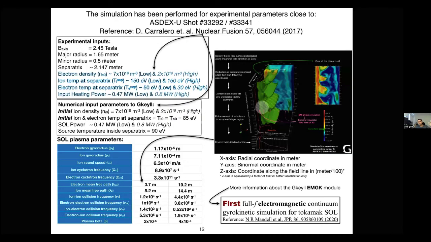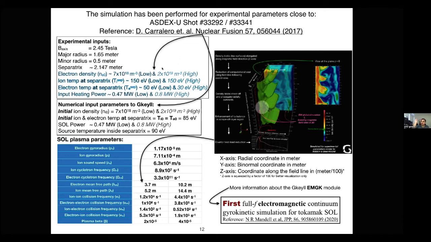And what we are actually doing: we have a tokamak. He knows more about it, he works there. It's called ASDEX, and they have an improved version, ASDEX Upgrade. For the ASDEX Upgrade tokamak, we take the numbers from the experiments. They have a lot of very painstaking and beautiful experiments.